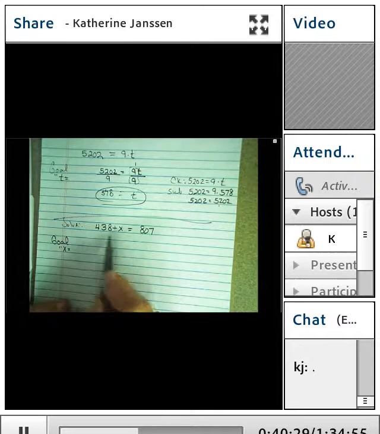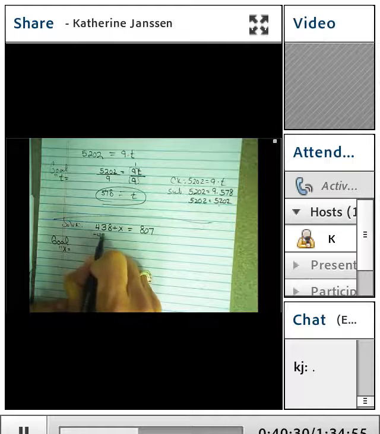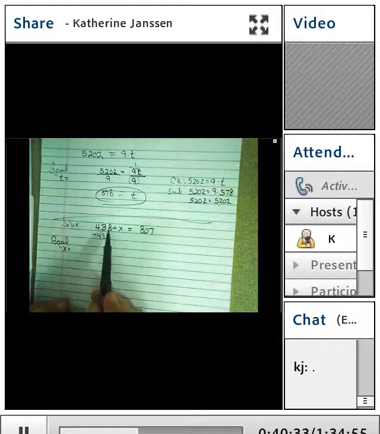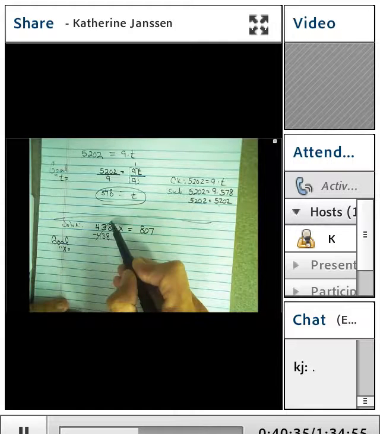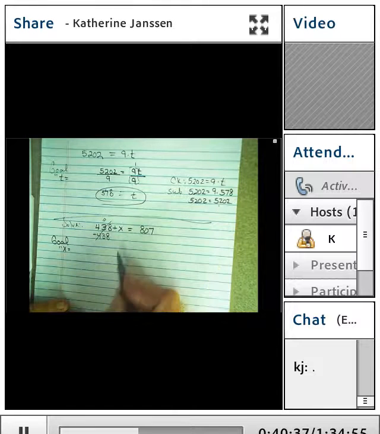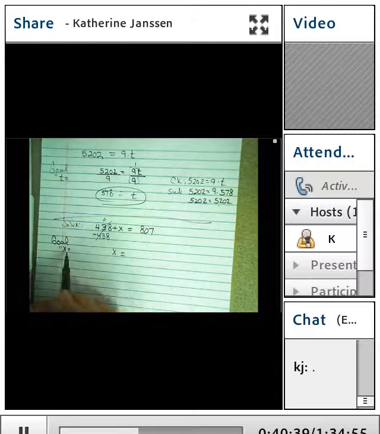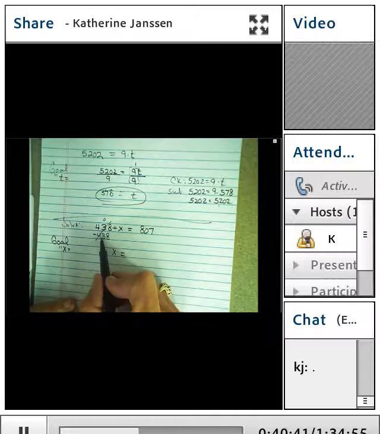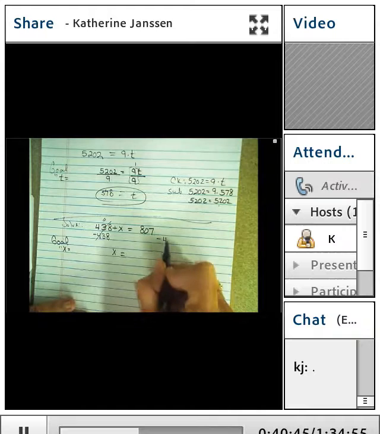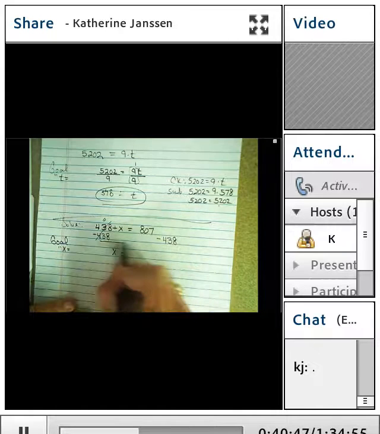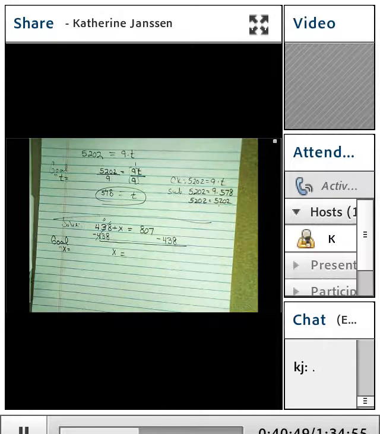So if I subtract 438 from 438, that goes to 0. And 0 plus x is x equals, close to my goal. But if I subtract something from this side of the equation, I have to subtract the same thing from the other side of the equation to keep my pendulum balanced.